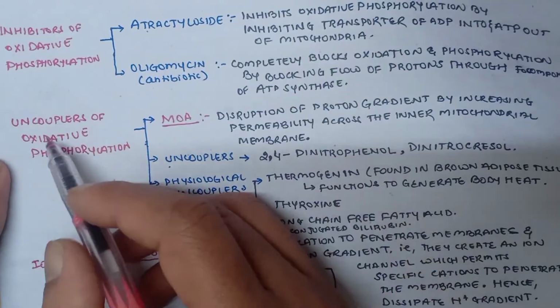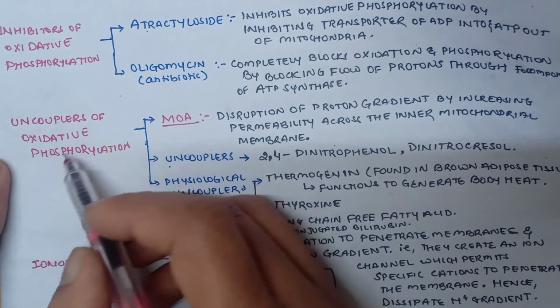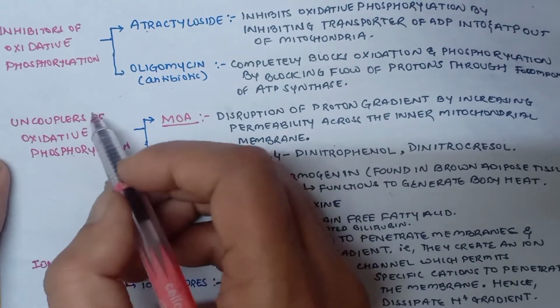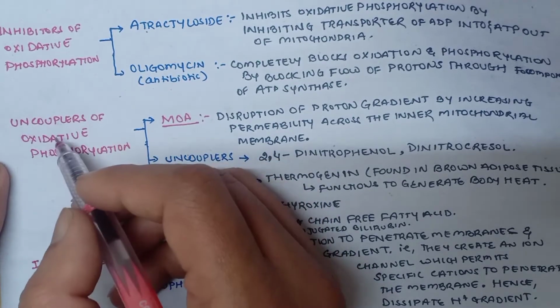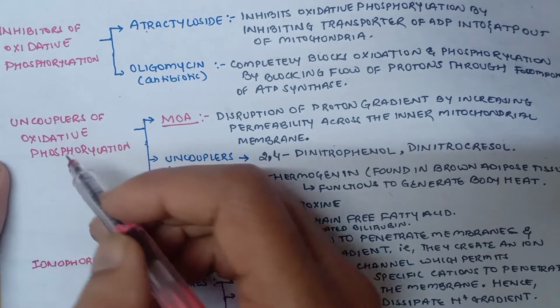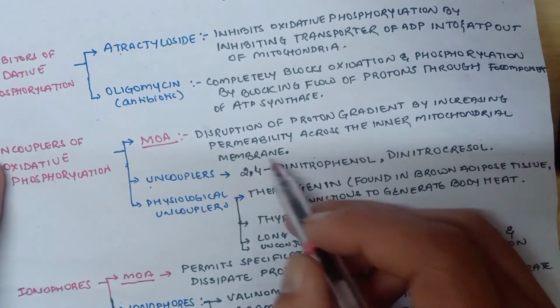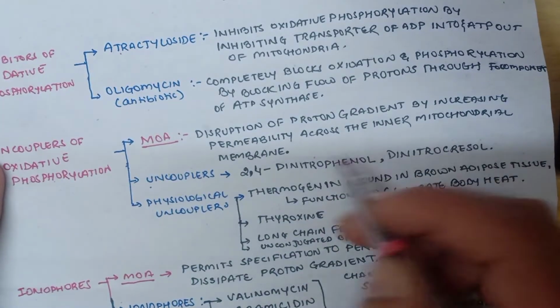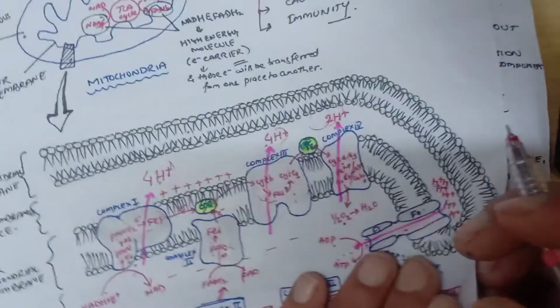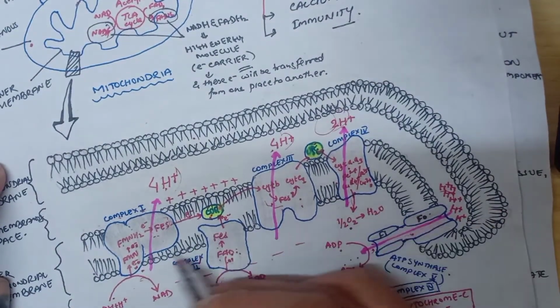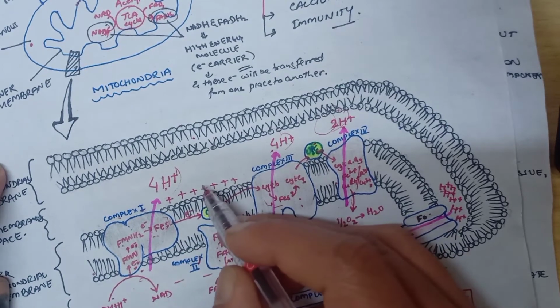Now coming to uncouplers of oxidative phosphorylation. So the mechanism of action of uncouplers is disruption of the proton gradient by increasing the permeability across the inner mitochondrial membrane. As we had already said earlier, the inner mitochondrial membrane is impermeable to protons.